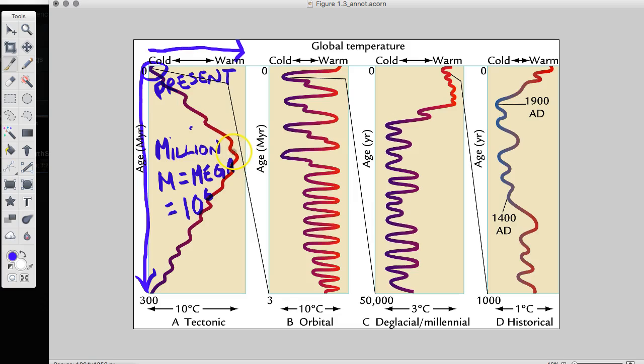And so then maybe like 100, 150 million years ago, you could see here that we were in a hothouse or a warm climate. And then looking back 300 million years ago, once again, we had an ice age.